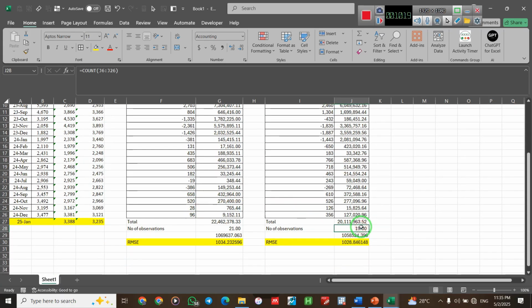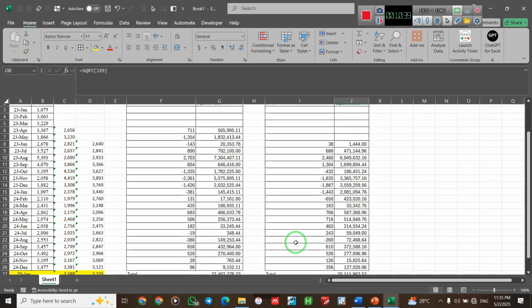What you have to do next is divide this total value by its number of observations, then you will come up with this answer. Then you have to take the square root of this value, so you will come up with the RMSE value for the 5 quarter moving average, right?